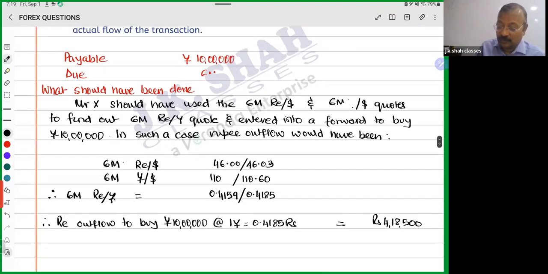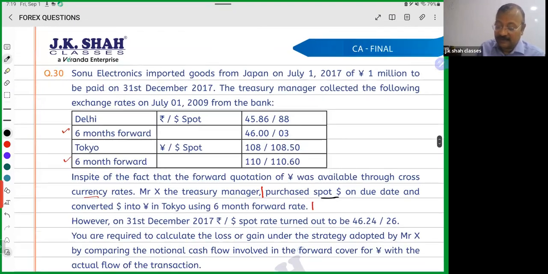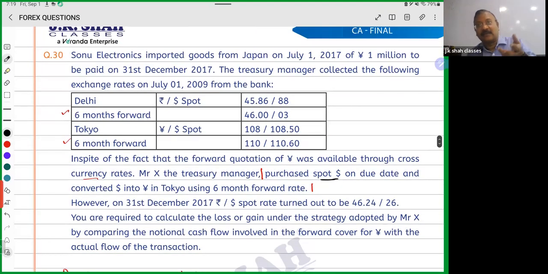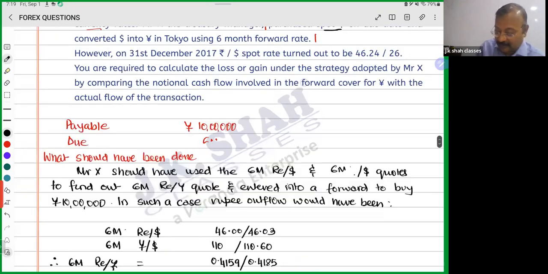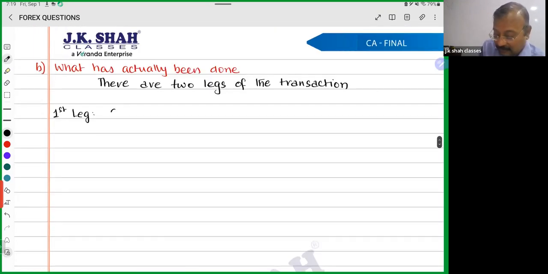So in the first leg, what will he do? He'll sell rupees and buy dollars, and the second leg would be selling dollars and buying yen, right? So the first leg would be sell rupees and buy dollar.